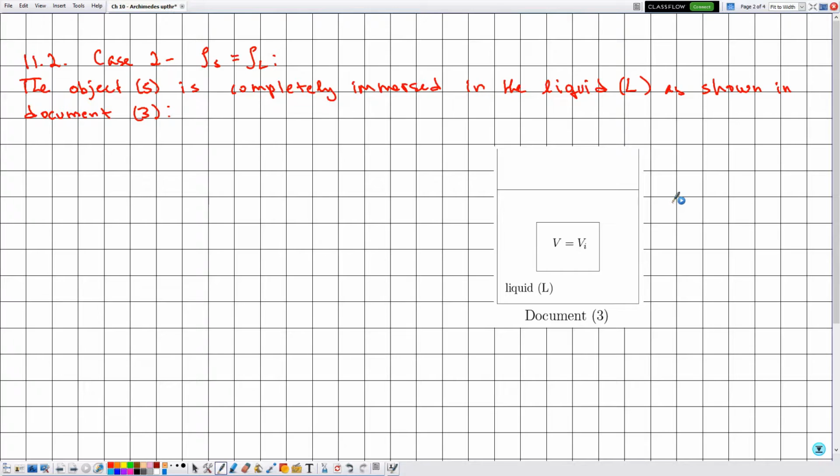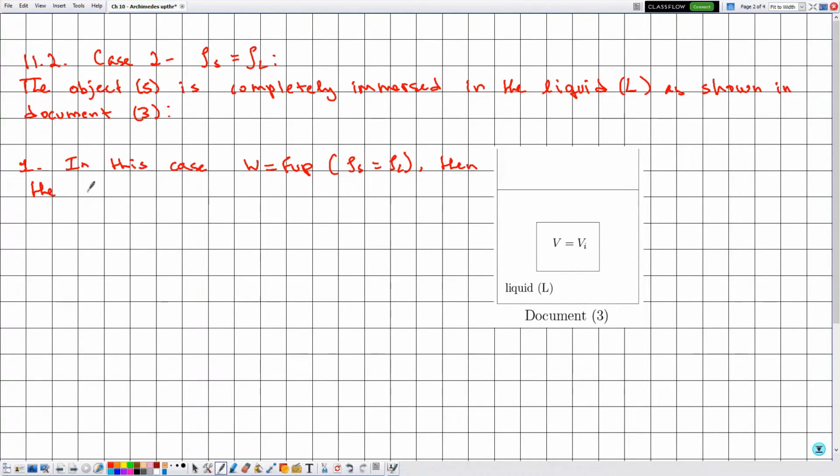So now we will deduce this at the level of the forces. So idea number 1, in this case W is equal to F upthrust. So the density of the solid is equal to the density of the liquid.